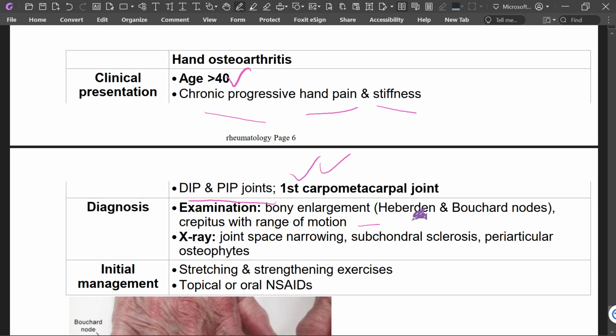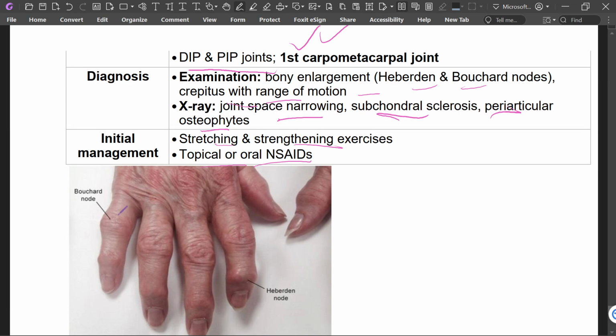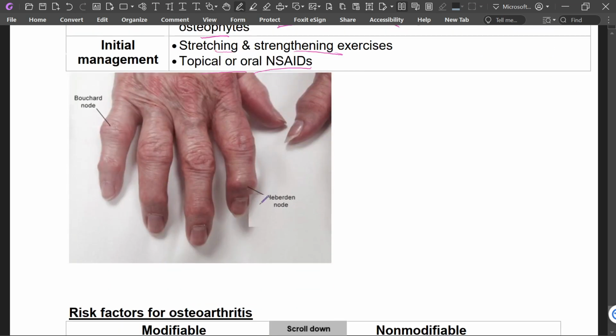Examination shows bony enlargement, Heberden node, Bouchard node, and crepitus. X-ray shows joint space narrowing, subchondral sclerosis, and periarticular osteophyte. Initial management is stretching and strengthening exercise and topical or oral NSAIDs. This is Bouchard node in the PIP. This is Heberden node in the DIP.